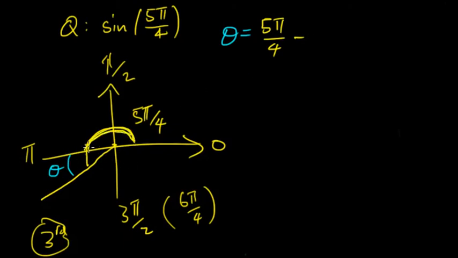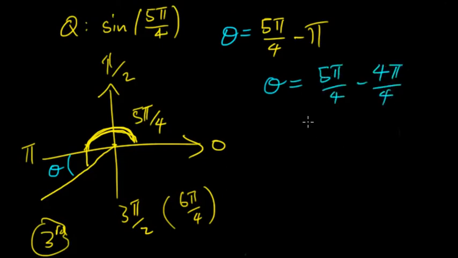So what does this angle here equal? Well, the semicircle is equal to pi, so that's minus pi. Therefore, theta is equal to 5 pi on 4 minus 4 pi on 4, which is equal to pi on 4. So we know that that angle here is pi on 4.